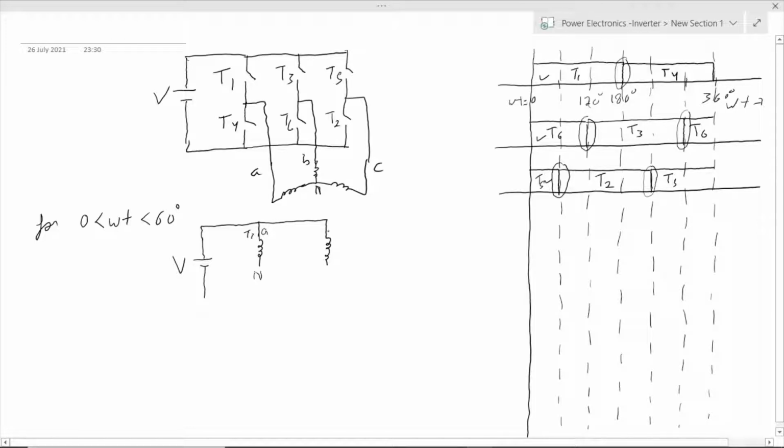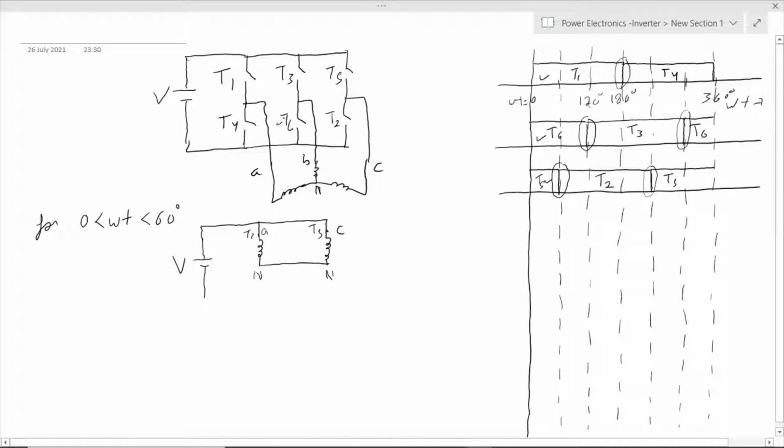Okay, so this is your C phase, and this is your T5, and this is also connected to neutral. So both these are connected to the neutral point. And about T6, just see we are switching on this one, T6.